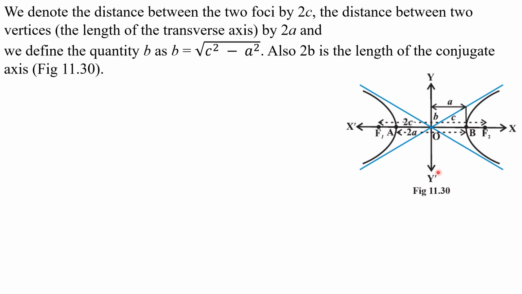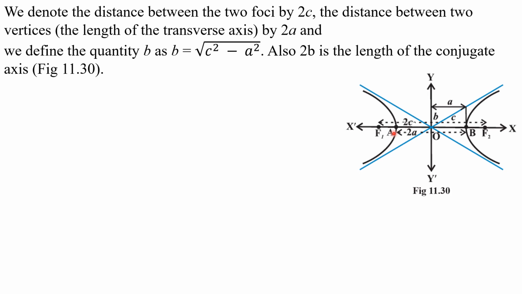So in this figure 11.23, observe these are the two fixed points F1 and F2 in the plane. So the distance between these two fixed points, that is the distance between the two foci of this hyperbola, is denoted by 2c. Okay, my children, please remember these points well. Next, we denote the distance between the two vertices.